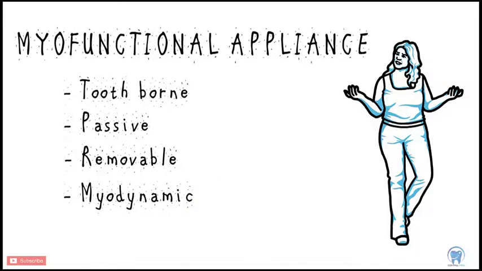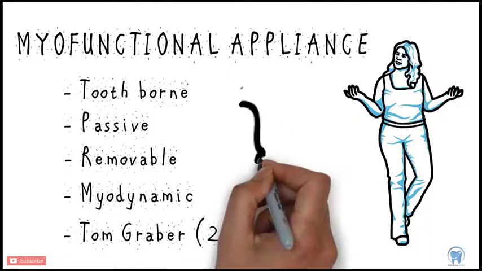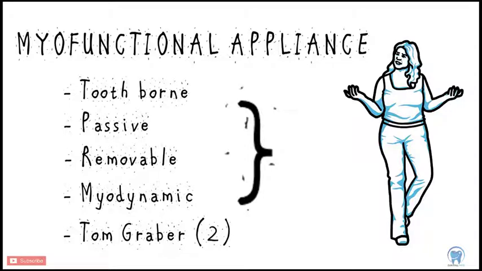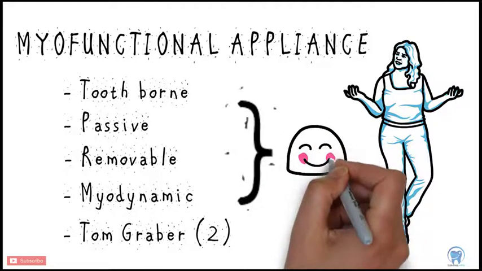Myodynamic appliances mean appliances which function using muscular activity. A Bionator works similarly and so is myodynamic in function. According to Thomas Graber's classification, a Bionator comes under Group 2. Appliances belonging to Group 2 reposition the mandible and transmit forces to the teeth. So, this is how a Bionator can be classified under myofunctional appliances.